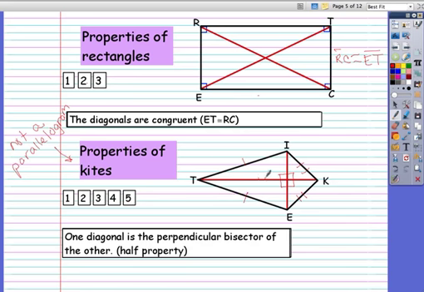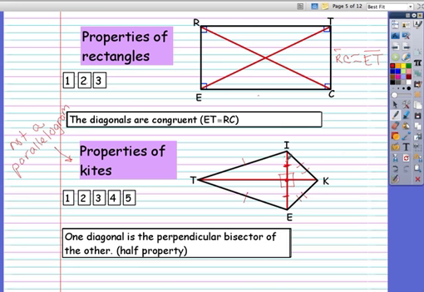Additionally, one diagonal is the perpendicular bisector of the other. They both don't bisect each other, but one, TK here, is bisecting IE. So here, I to this point and this point to E are the same length.